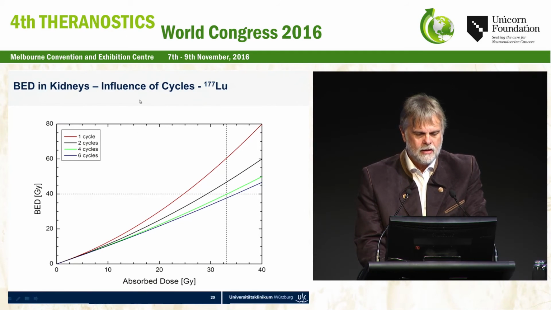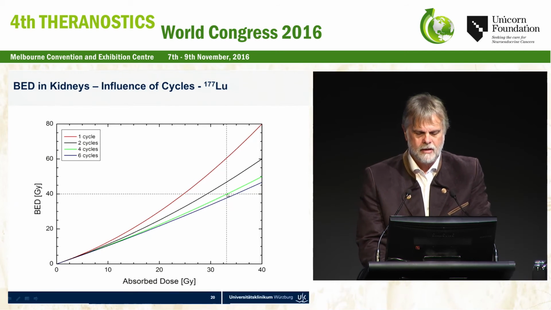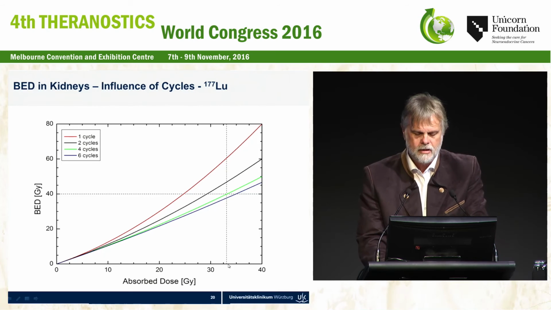Because if we just do the same calculations using the same factors, we see that for the absorbed doses that we have here for one cycle, which is between 5 and 10 gray, for example, the difference between the BED and the absorbed dose is rather minor. And if you think about the normal 4 cycles that we're having, also the difference between the BED and the physical absorbed dose is not that large.